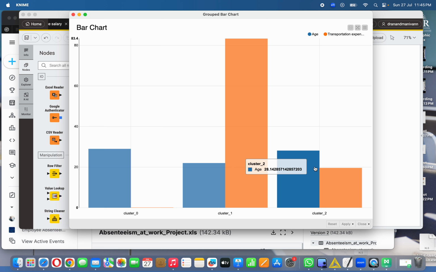So what are the strategic insights from the cluster bar chart? Age and transport expenses are not linearly correlated. The grouped bar chart provides a very quantitative overview of how employee clusters differ in terms of age and transportation expense. These differences reflect deeper structural and behavioral patterns within the workforce. Cluster 1, despite being the youngest group, emerges as a potential absenteeism risk due to high commuting cost.